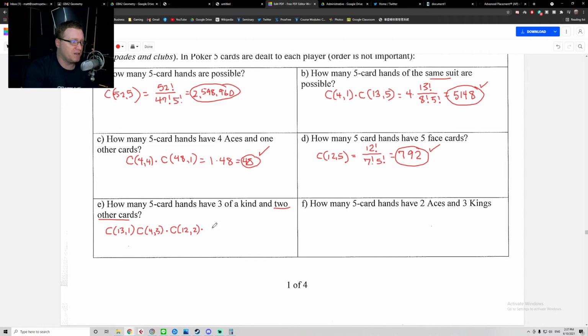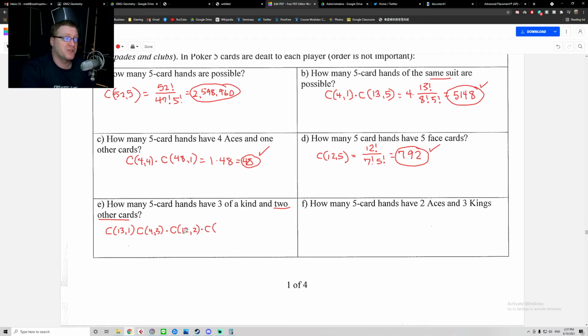And then finally, the last step: of these two different kinds, we are going to pick one card of each.